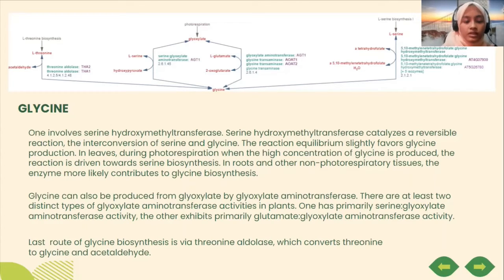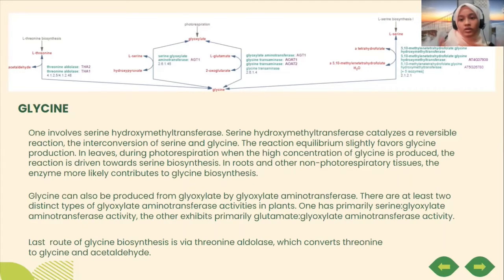Next is the second pathway, which is produced from glyoxylate using glyoxylate aminotransferase, which is the middle pathway you can see from the diagram. There are at least two distinct types of glyoxylate aminotransferase activities in plants. The first one primarily exhibits serine glyoxylate aminotransferase activity, and the other primarily exhibits glutamate glyoxylate aminotransferase activity.